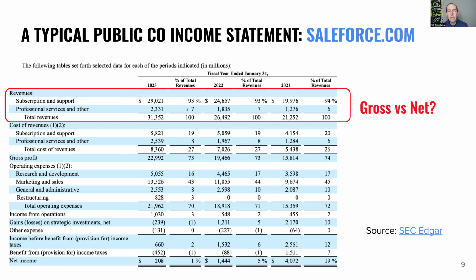Now, the other thing to note about revenues is you can get these two words that are used, gross revenue versus net revenue. An example of what this means, let's take a marketplace. Let's take Amazon's third-party marketplace, for example.